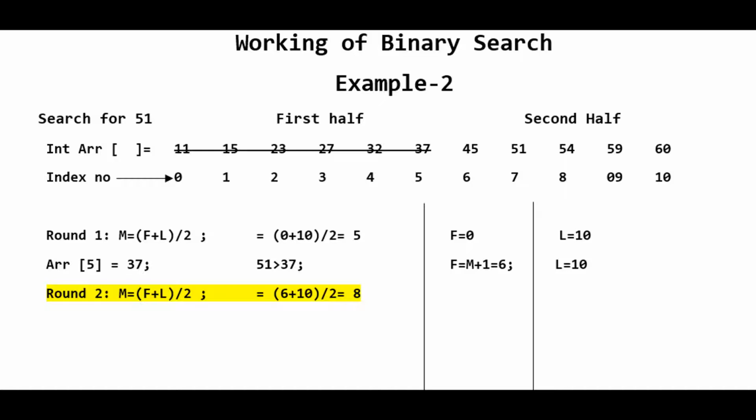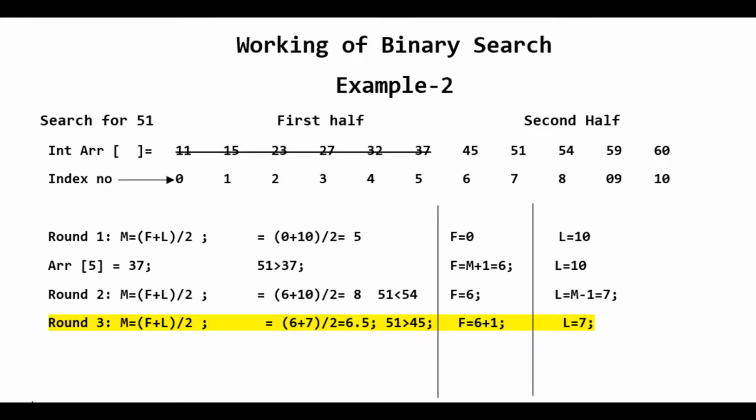At index 8, 54 is available, and 51 is lesser than 54. Here again we will take only the integer part, that is index 6. So at index 6, 45 is available. So 51 is greater than 45.